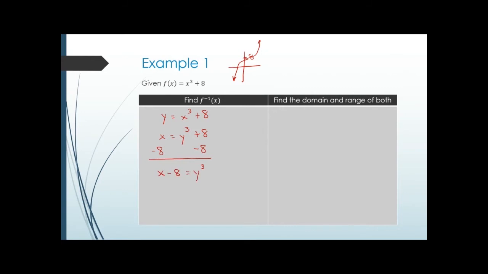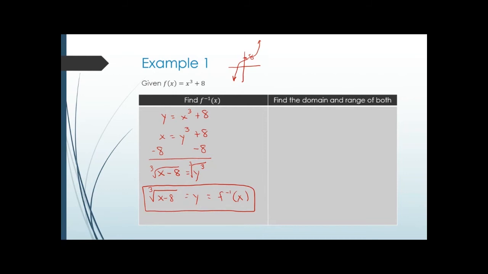And then to get rid of the cubed, I want to take the cube root. So the cube root of x minus 8 is equal to y. And then you can replace y with f inverse of x. And that is the inverse function. So you replace f of x with y, interchange the x and the y, solve for y, and then replace it with the inverse symbol.